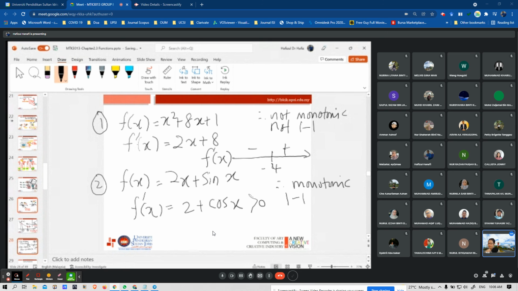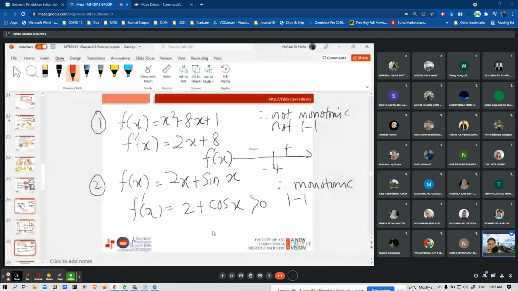Okay, for number one and number two. Is it okay? Because monotonic you must have the range, either this one slope increasing or slope decreasing. Okay, this one for the example. Is it okay, Aziz?